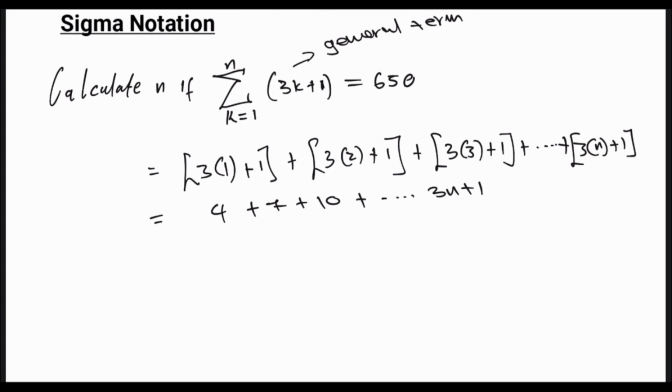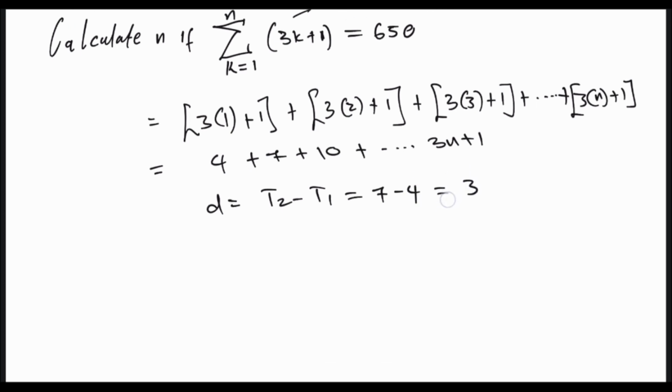Okay, great. So what we could do here is, now let's find the common difference as always. So our common difference d is equal to t2 minus t1, or whatever consecutive terms that you'd like to use, which is equal to 7 minus 4 is equal to 3. So our d is equal to 3.